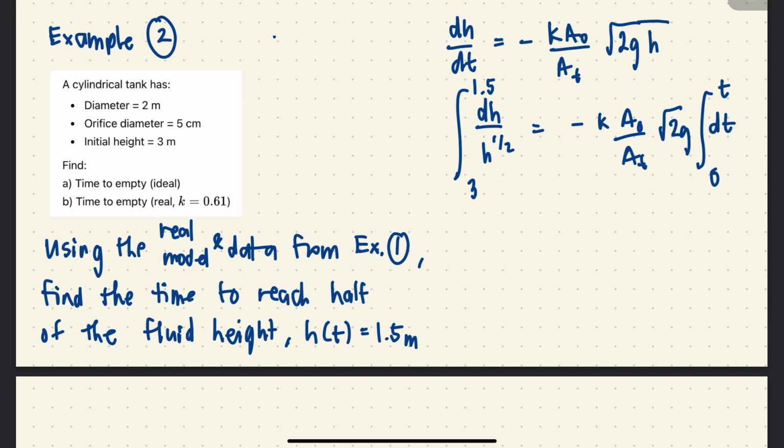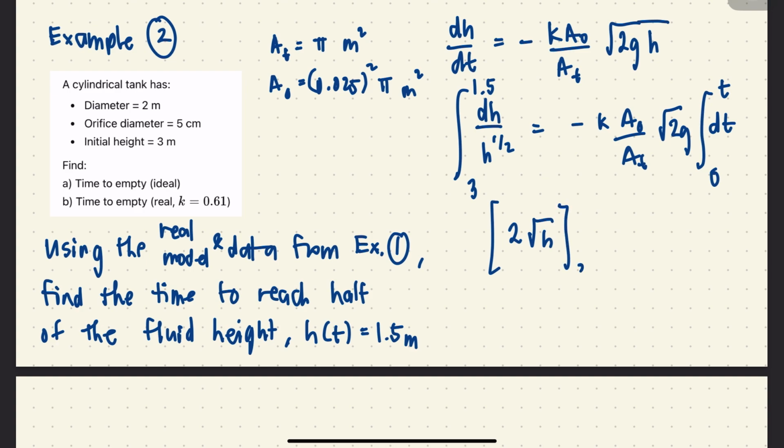As we remember, our A sub t is equal to pi m squared, and A sub o is 0.025 squared pi m squared. So this will just then be 2 square root of h, evaluated from 3 to 1.5, then negative 0.61 times A sub o as 0.025 squared pi.